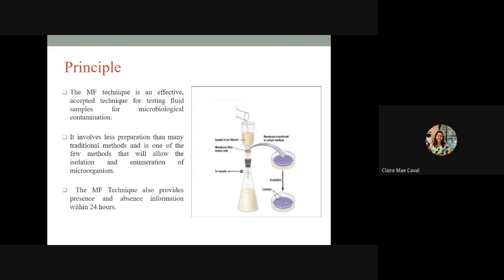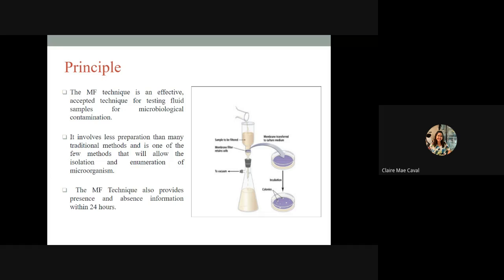Kasi class, if you notice, yung heterotrophic plate count, it will be after 48 hours. Yung multiple tube fermentation technique naman, the whole process will be around 3 to 4 days or 2 to 4 days. So, yung membrane filtration technique can already give you information within 24 hours. That is why drinking water can be done or processed through multiple tube fermentation technique.